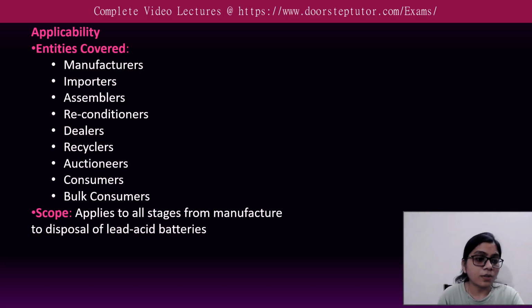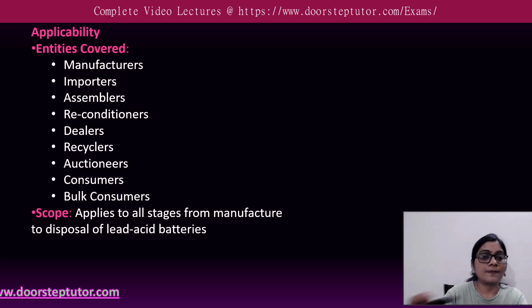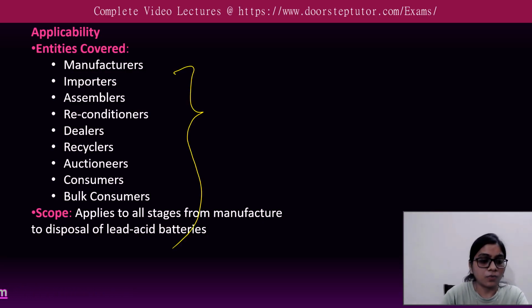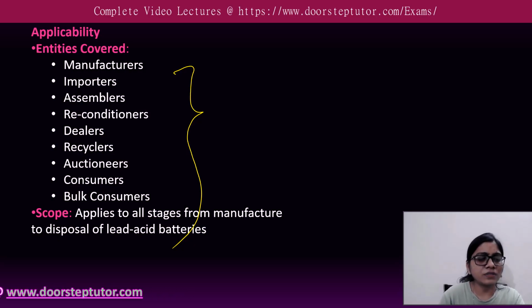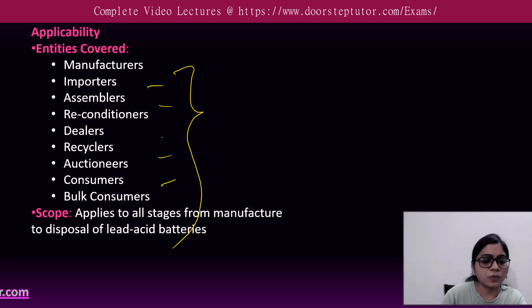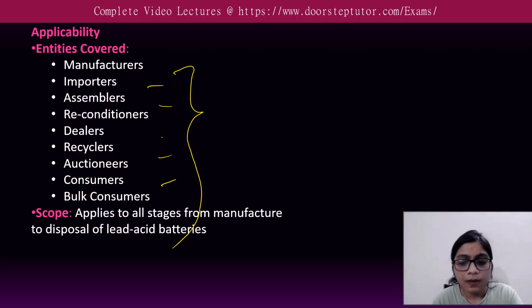These rules apply to a wide range of stakeholders. Anyone who produces, sells, buys, or even uses lead acid batteries must comply with this rule. It covers all stages from manufacture to final disposal, ensuring there is a closed loop system for battery management.